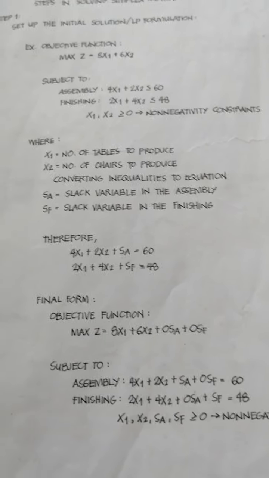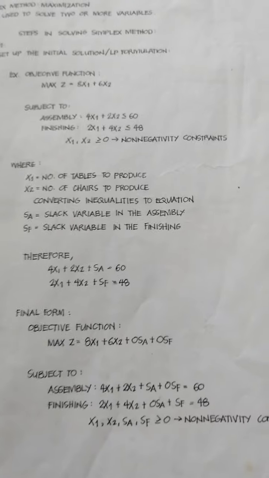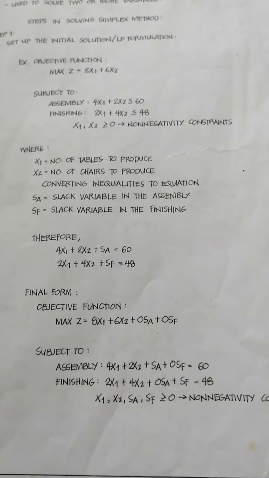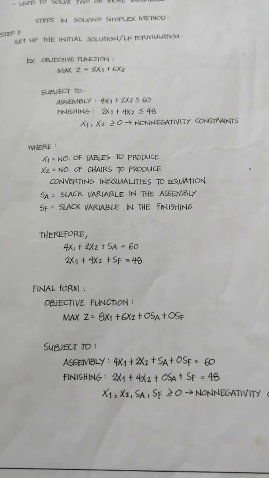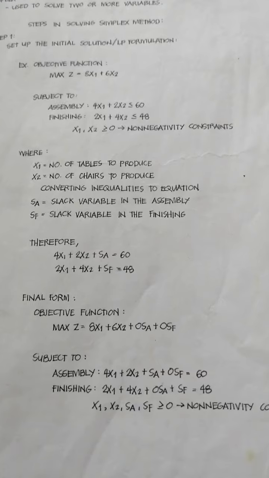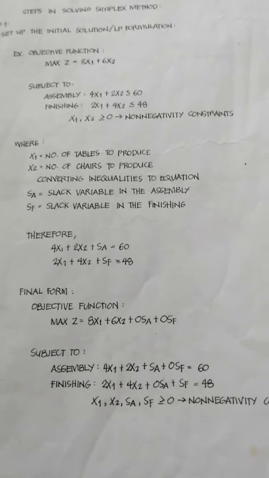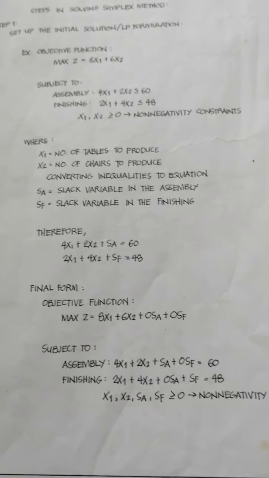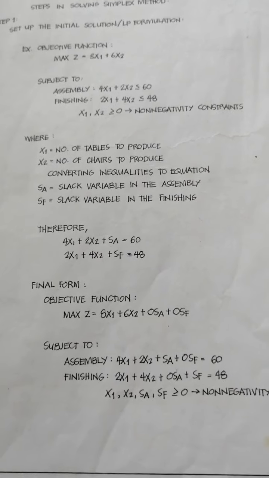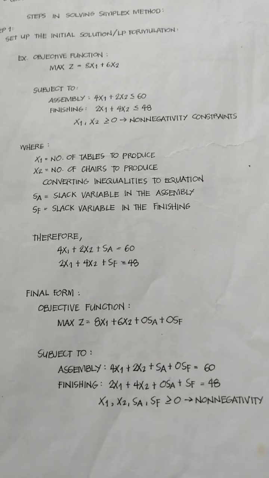Okay, so what is this slack variable? These slack variables are the unused time in the assembly, SA, and the unused time in finishing. Okay, that is SF. You can also write down S1 or S2 if you want, just as long as you get the right answer.